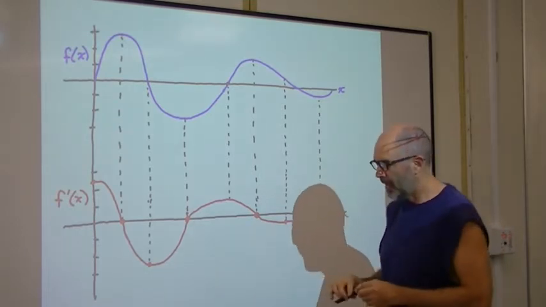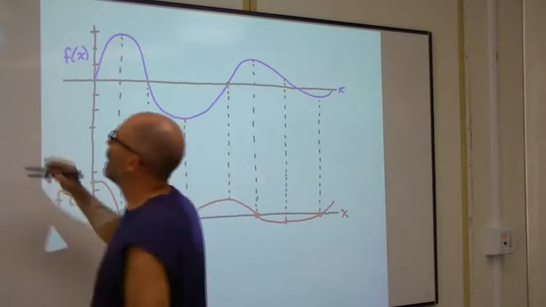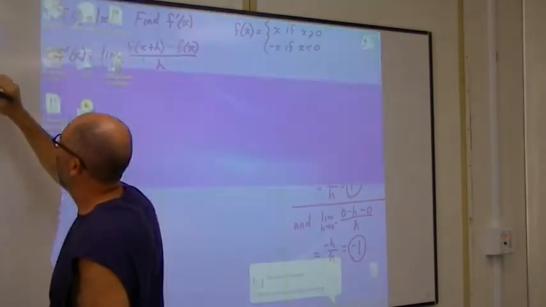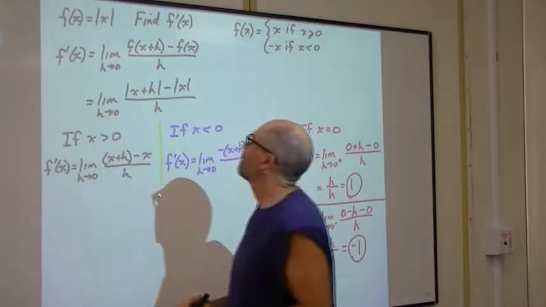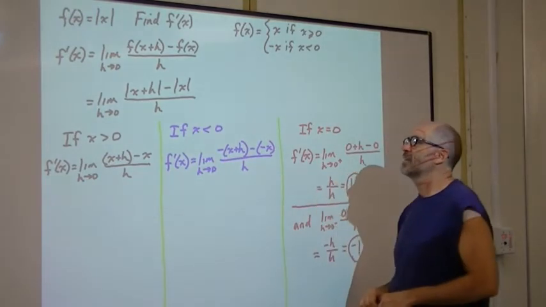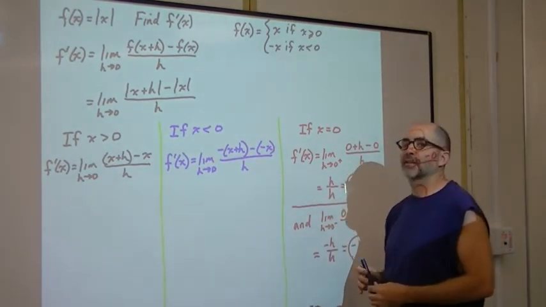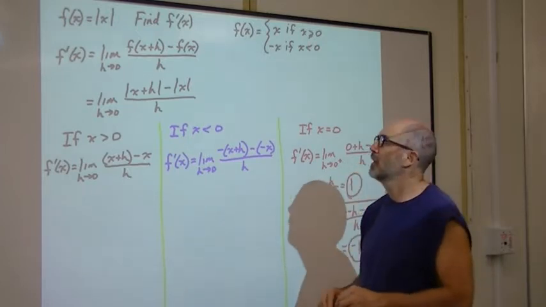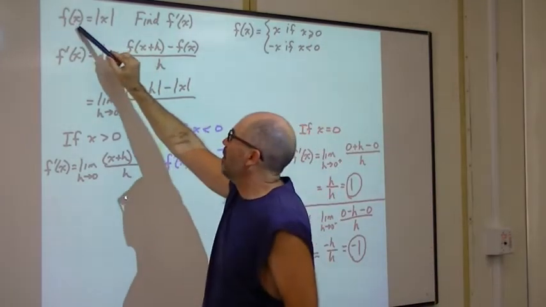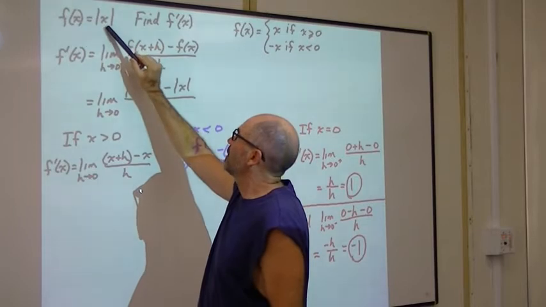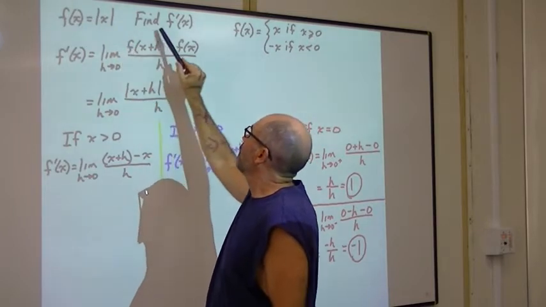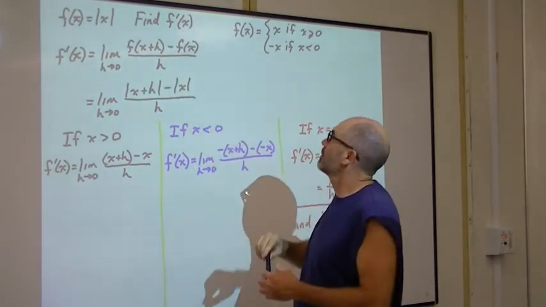Okay, now there's one other important concept here. That is the derivative of the absolute value of x. So we've got f of x equals the absolute value of x. We want to find f prime of x.